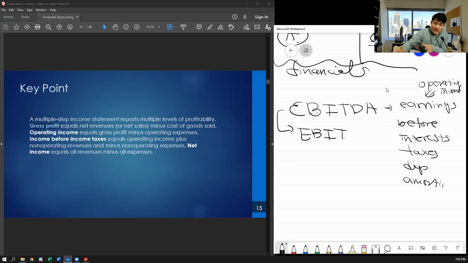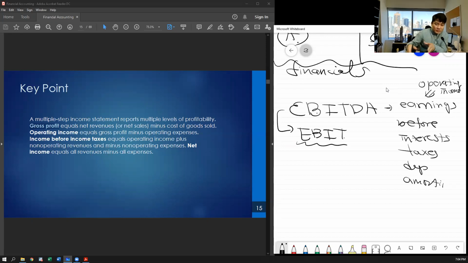So if you go to a real job, you might usually use the term EBITDA rather than operating income when you're analyzing companies. Similar idea, EBIT is earnings before interest and taxes. That's another key financial metric that you are going to be using when analyzing companies' financials.